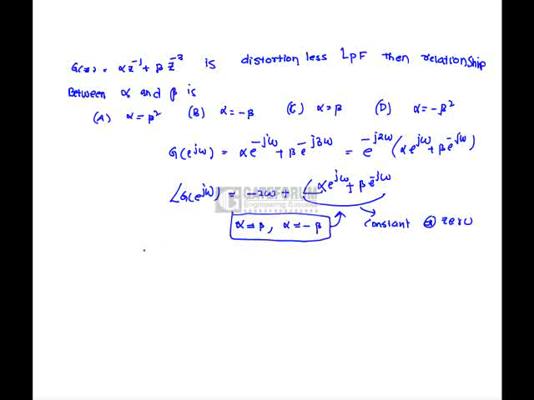But this is low pass filtering action, that is at omega equals pi, the magnitude of G of e power j omega equals 0. That means 0 equals alpha plus beta, that is alpha equals minus beta is the correct one. We have to choose alpha equals minus beta, that is option B is correct.